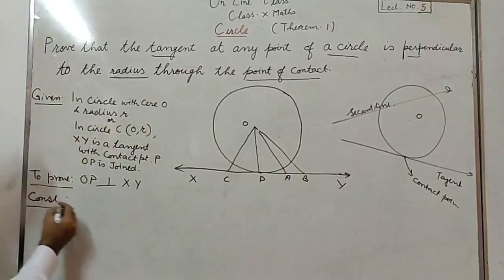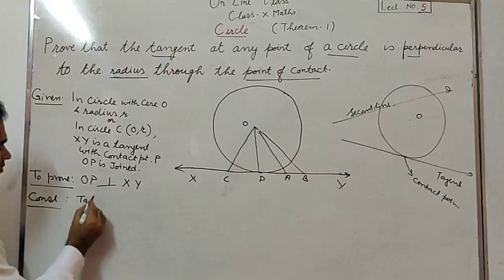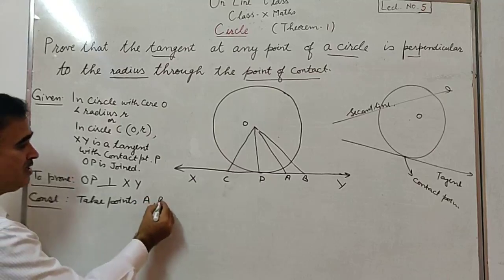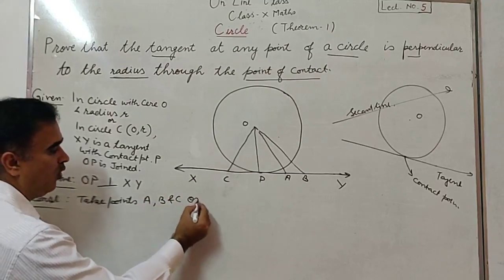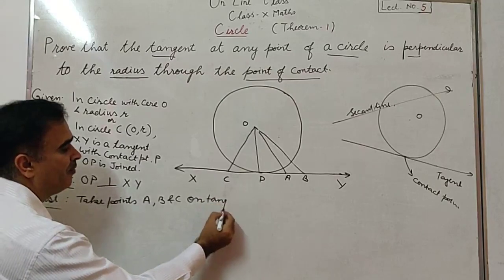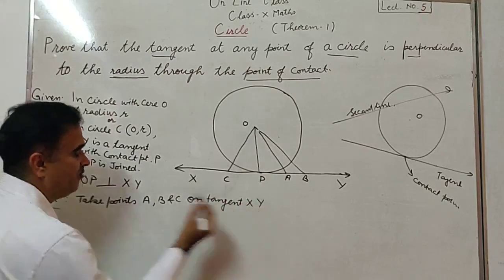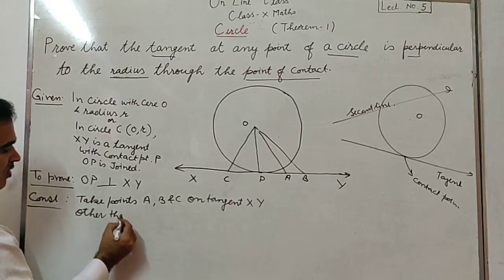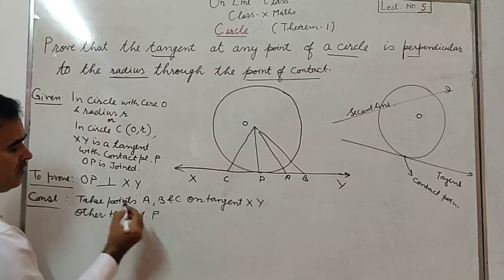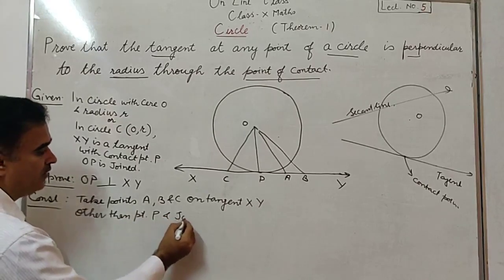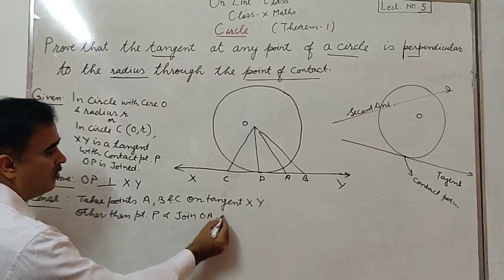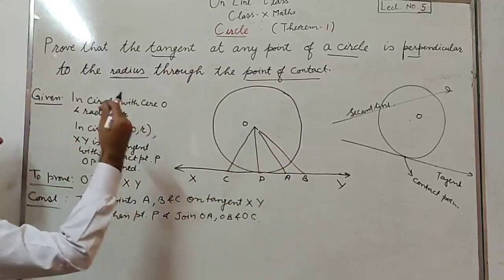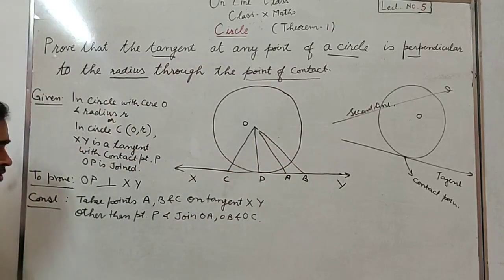You see, we take points A, B and C on the tangent XY, other than point P, and join OA, OB and OC. You can take any points, or you can take only one point even. There is no problem at all.